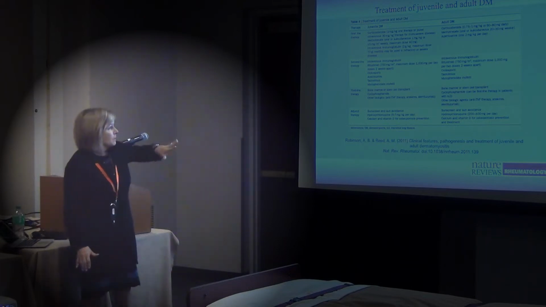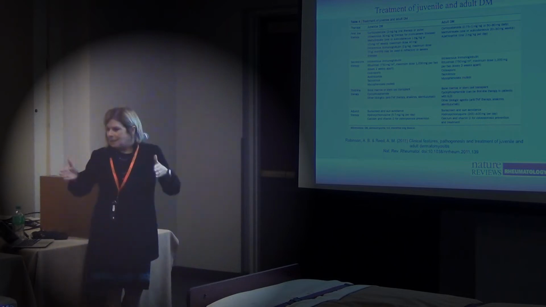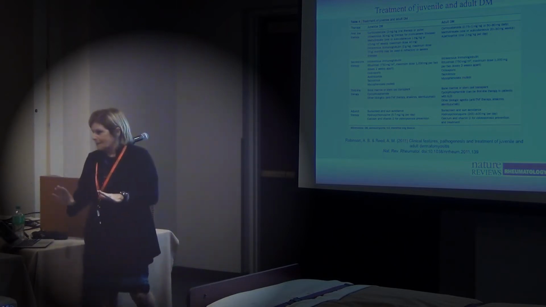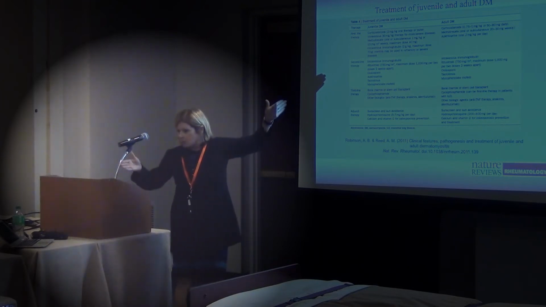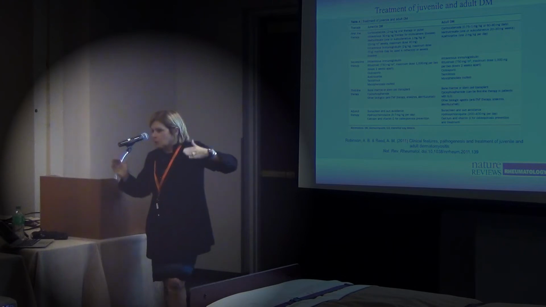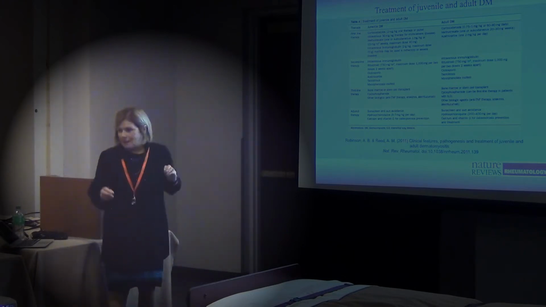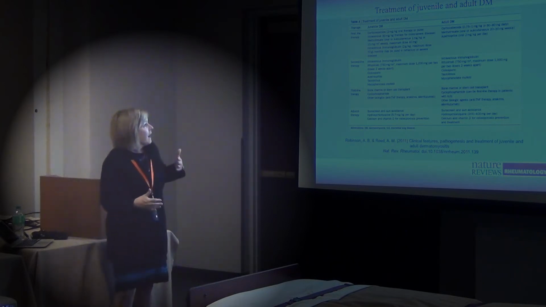Also, when we think about treatments in pediatrics and adults, we have similar drugs, we just sometimes use them in slightly different strengths and orders. In children, we start out with steroids, which I know are not the nicest thing, but they do work incredibly well. We still do that. And then we use things like methotrexate, which maybe you've been exposed to, and IVIG.